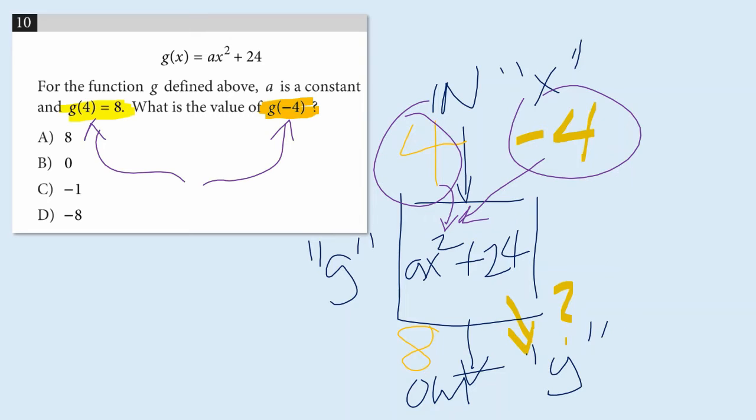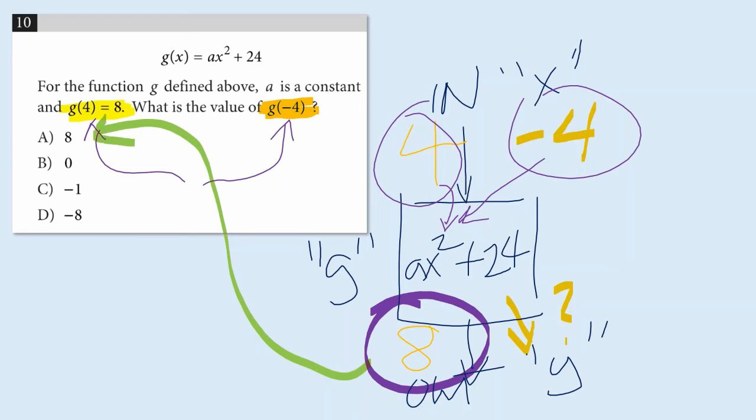So you know that then 8 is going to come out of the machine if you put -4 in, because it's going to treat it the same as if you put 4 in. So we can see immediately that A is the answer.